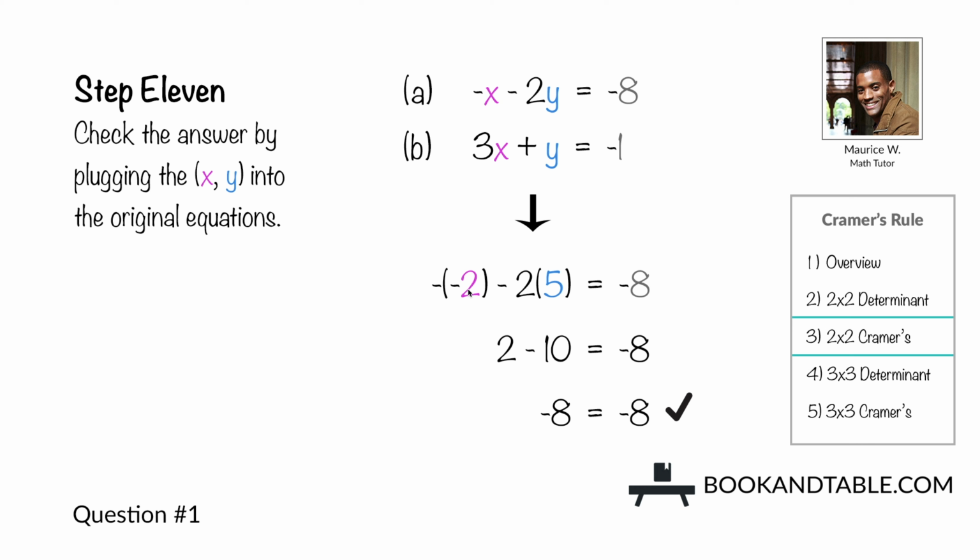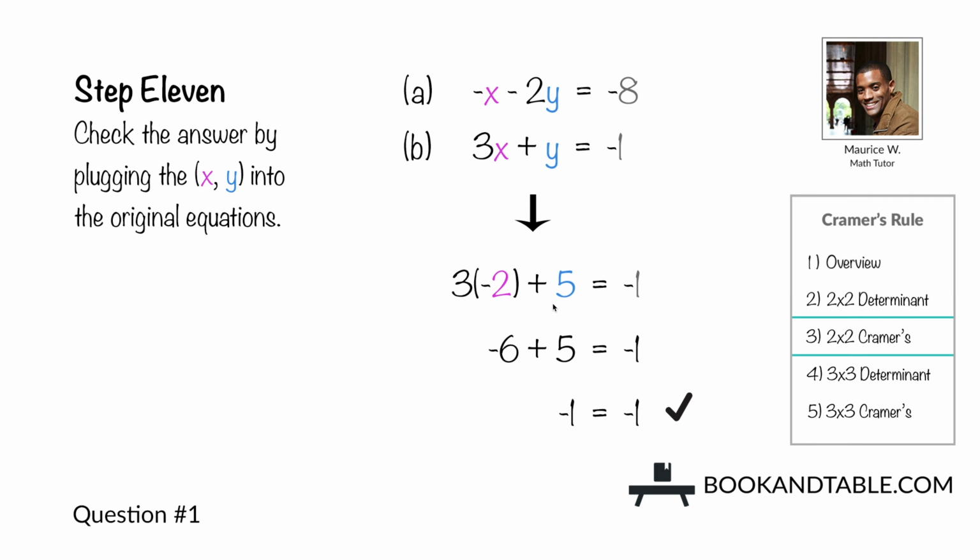So when we plug in negative 2 for x, we get negative 1 times negative 2, which is 2, minus 2, and we plug in 5 for y. Negative 2 times 5 is negative 10. 2 minus 10 is equal to negative 8, giving us the true statement, negative 8 is equal to negative 8. So these are the correct values for x and y for equation A.